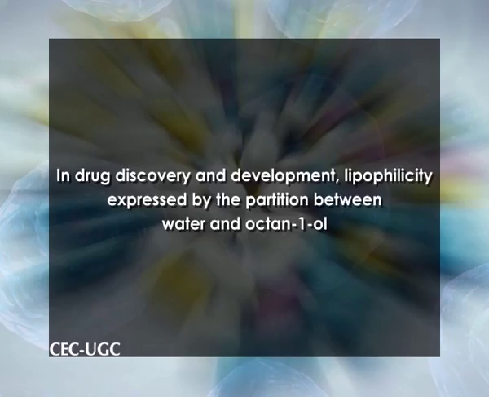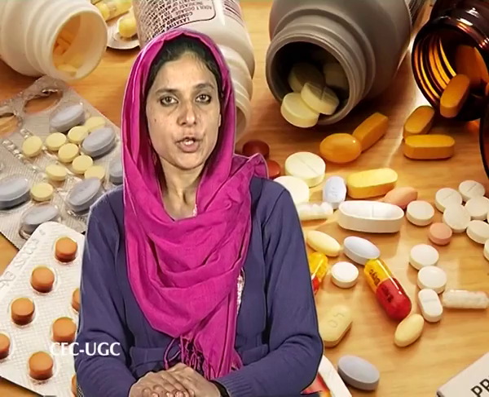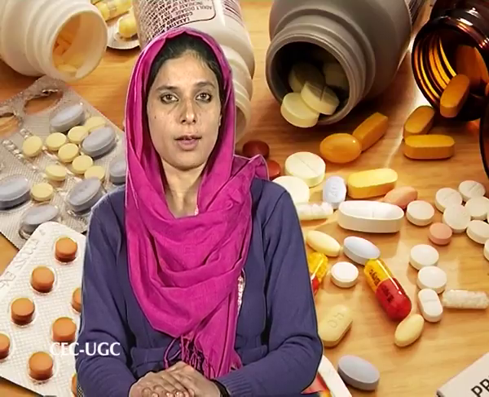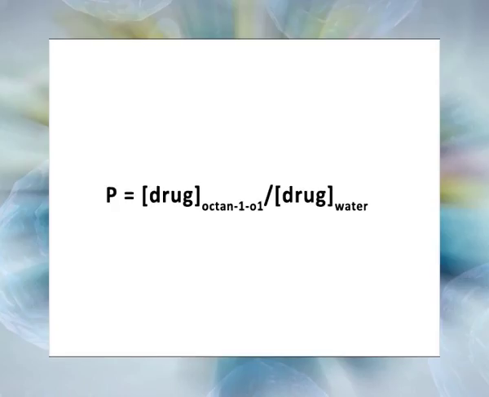In drug discovery and development, lipophilicity is usually expressed by the partition between water and octan-1-ol. The partition coefficient P of a drug is given by P equals concentration of a particular drug in octanol divided by concentration of the same drug in water.